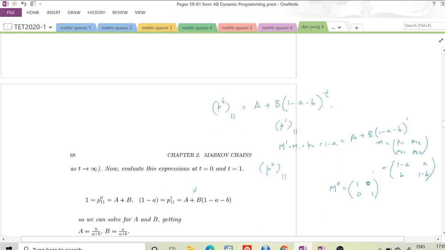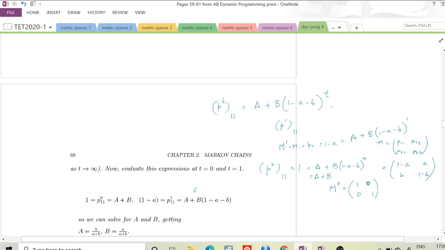So if I've made 0 maps, I'm where I am, right? So if I start with any psi, I'll remain at that psi. So the matrix that does that is the identity matrix. That's the identity map, right? So the 1,1th element of that is 1, right? And using this formula, this is equal to a plus b times 1 minus a minus b raised to the 0. So that's just a plus b.